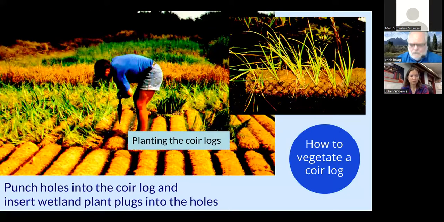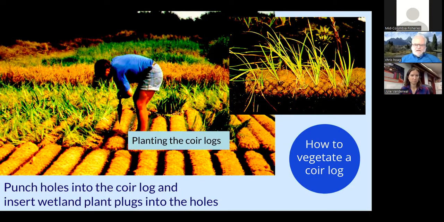With coir, the material itself provides protection, but then when you install plants into it, you get an additional level of protection. And this is probably one of the biggest selling points for coir, and that is that you can pre-vegetate them. So this happens to be in Germany, and you can see they just built this big pond, and then they lay the logs into the pond, so it stays wet.